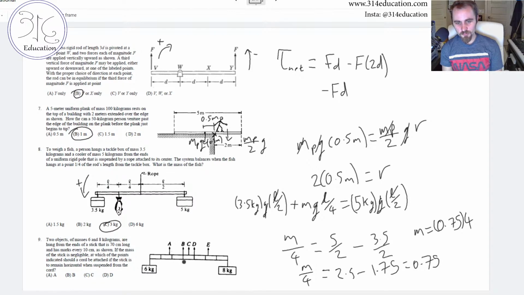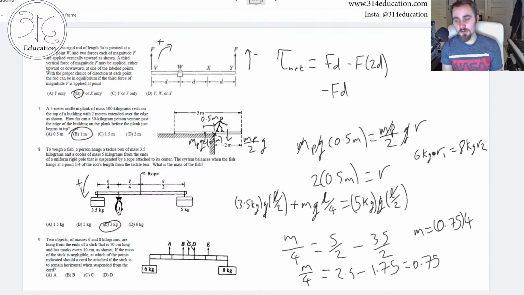So we don't expect this to be C because that's going to be in the center, and so that would be off balance. We want the case where, I'll write this up here, our 6 kilograms times its distance away, we'll call that R1, is going to equal our 8 kilograms times its distance away, R2.